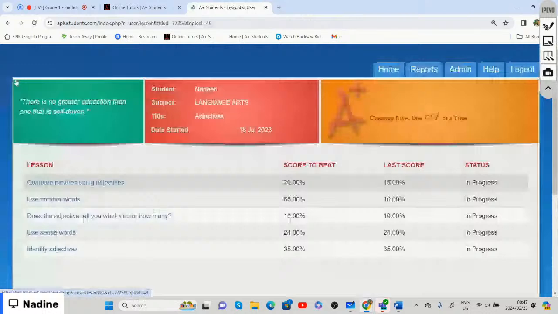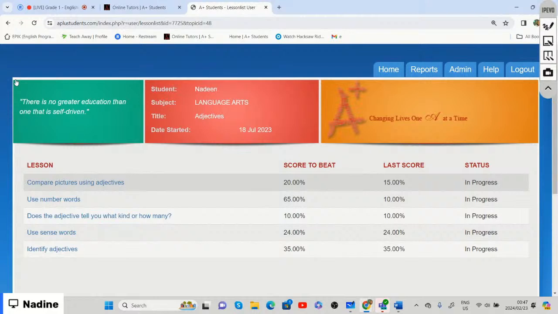All right. So that is now the end of our lesson on adjectives. We see that an adjective tells us more about a noun or pronoun. Adjectives tell us more about people, places, animals, or things.